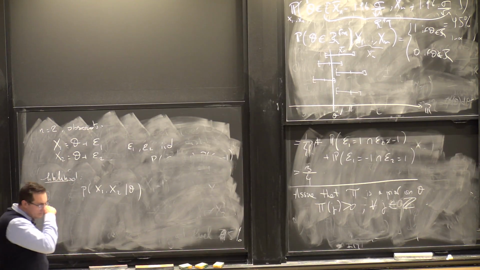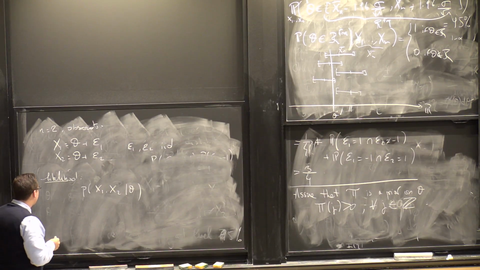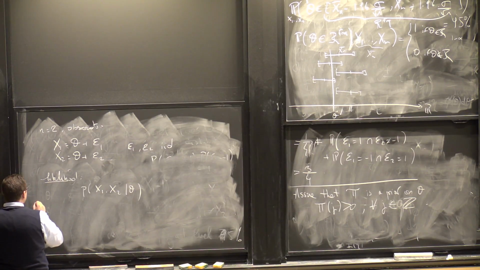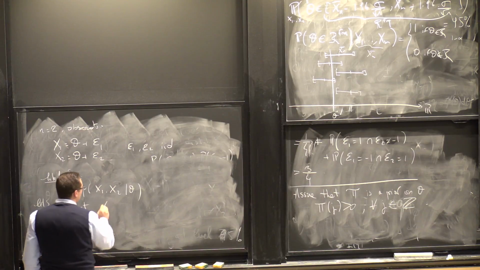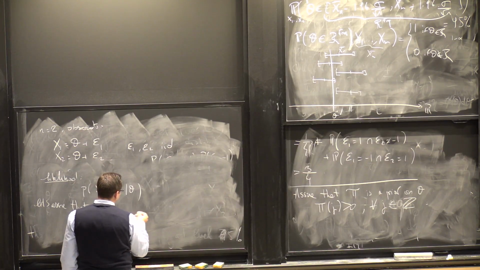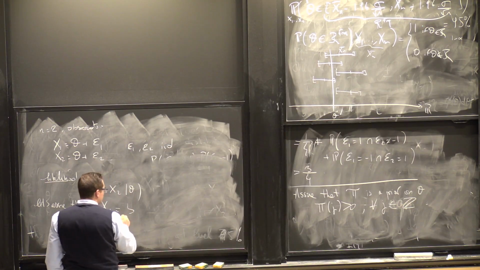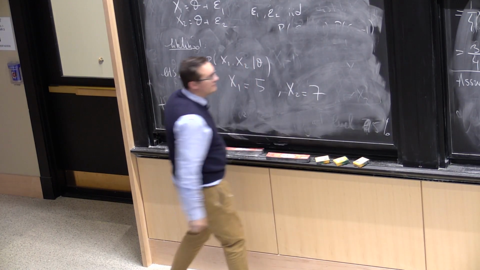Now, just to make things a little simpler, let us assume that x1 is equal to, I don't know, 5, and x2 is equal to 7.